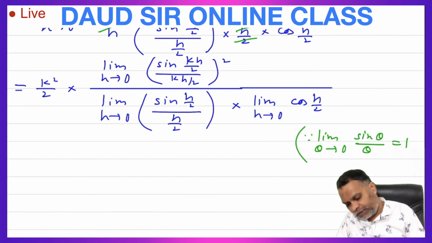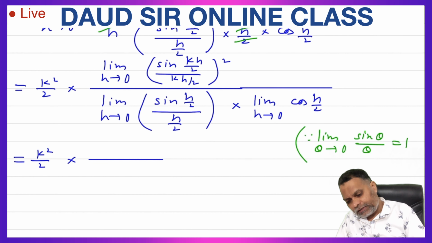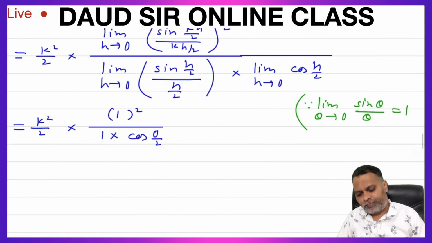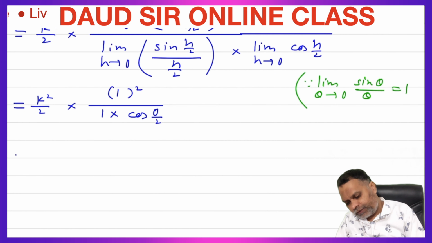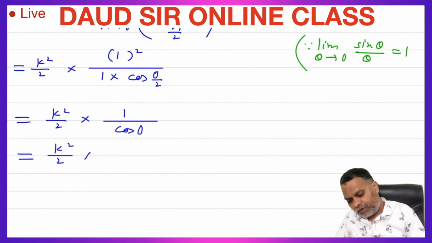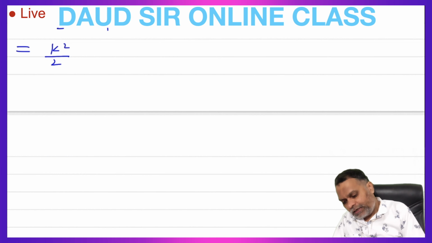So which is equal to k square upon 2 into, in numerator this limit will become 1 and 1 square, and this limit also 1, into put the value of h, cos 0 upon 2 that is 0, which is equal to k square upon 2 into 1 upon, this is cos 0 and the value of cos 0 is 1, k square upon 2 into 1 upon 1 which is equal to k square upon 2.